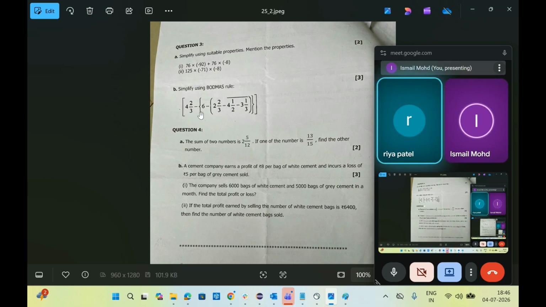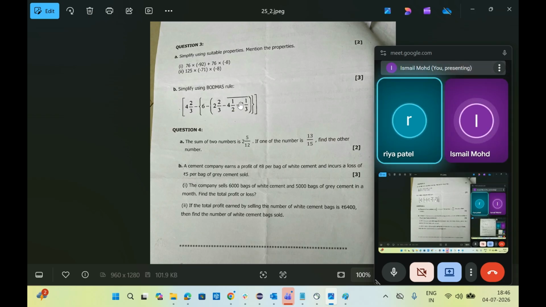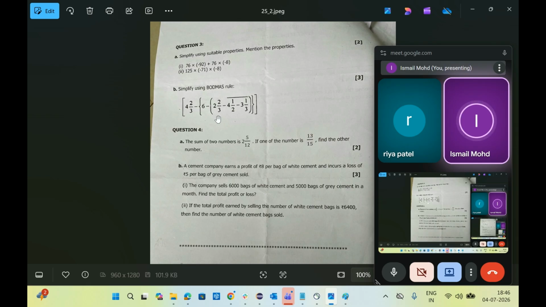This one is like 4 2 by 3. You first simplify this to 14 by 3, then solve the inner bracket. So this will be like 8 by 3 minus 9 by 2 minus 10 by 3. When you solve that, you will get minus 31 by 6. This entire thing will be minus 31 by 6.